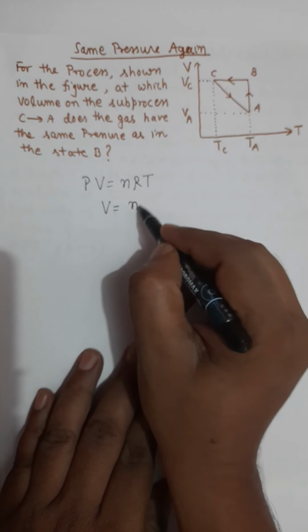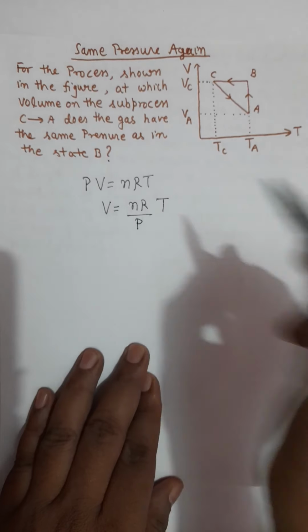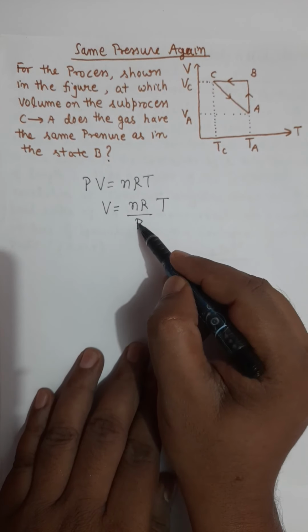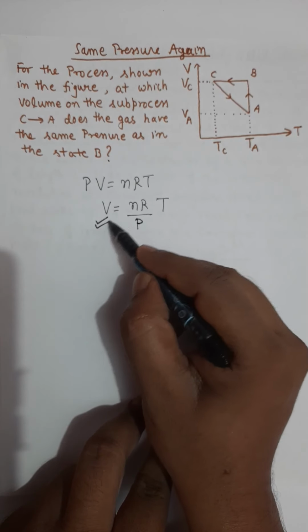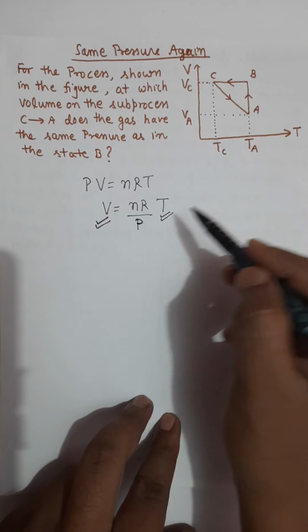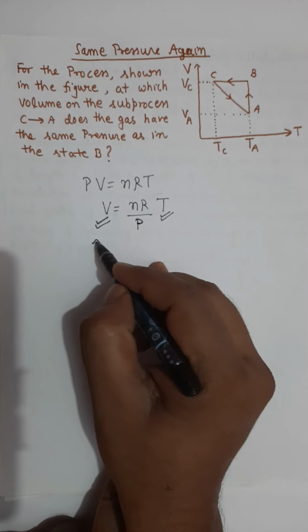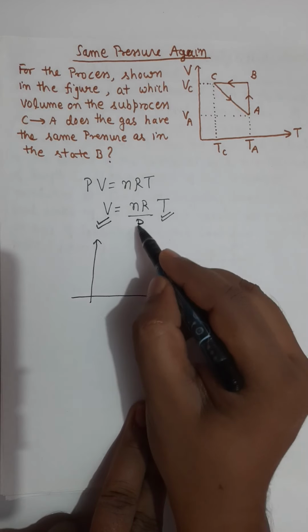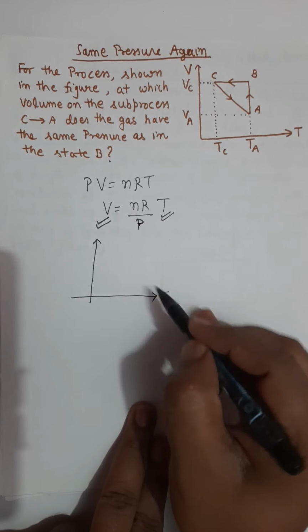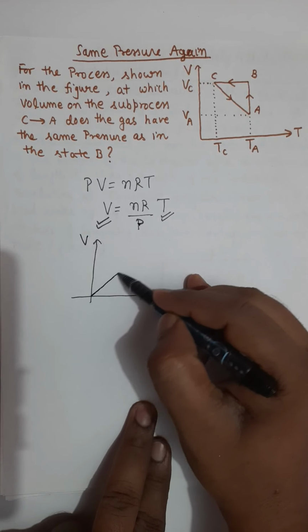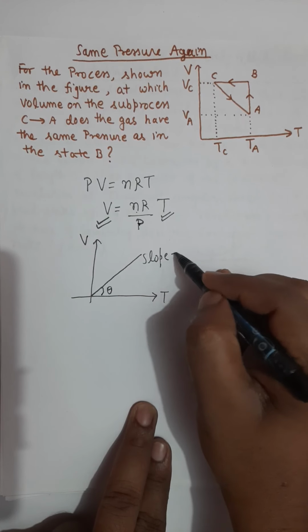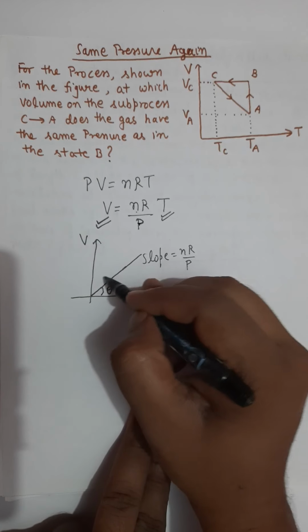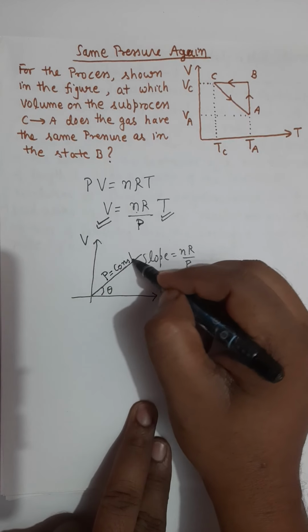So V, you can write as nR over P times T. Therefore, if we consider P as a constant value, then the graph of V versus T at a constant value of pressure P and a constant number of moles is a straight line having a slope equal to nR by P. So this is a graph corresponding to constant pressure capital P.